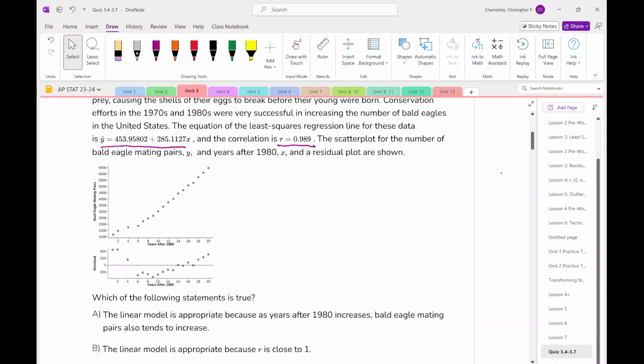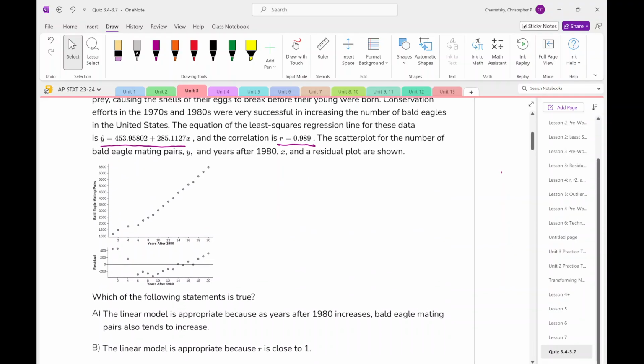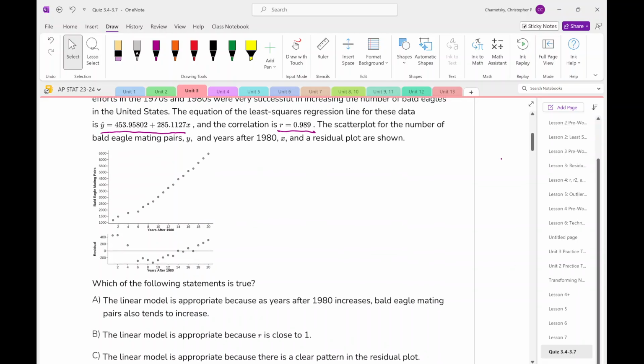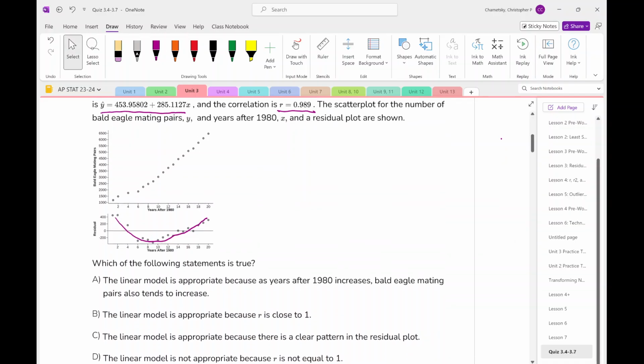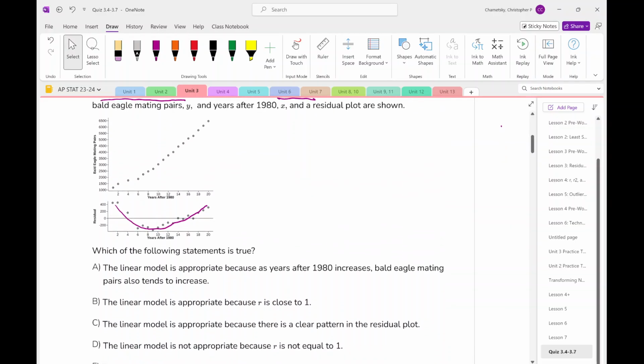The correlation coefficient seems to tell us it fits really well, but if we look at the residual plot, we can see there's this clear curved pattern going on here. So it is not going to be the best fit. Something else like an exponential or power is going to fit better in our data.